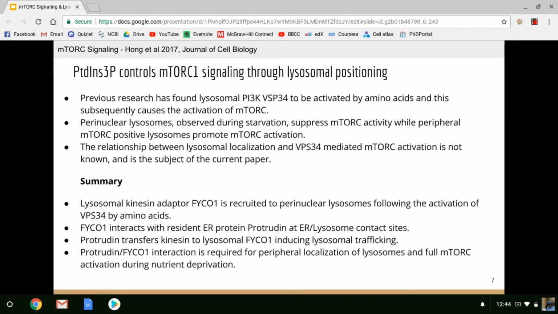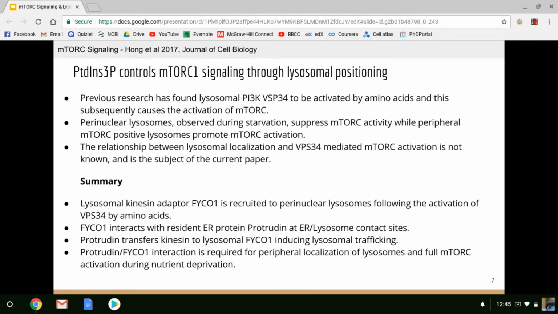And ultimately, this protrudin FICO1 interaction is required for peripheral localization of lysosomes and full mTORC activation during nutrient deprivation. Because when FICO1 or protrudin is inhibited or knocked out, lysosomes fail to move to the periphery of the cell, and mTORC is deprived of growth factor signaling and is not nearly as active as it should be.